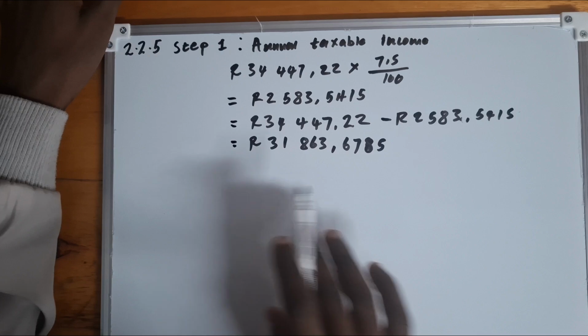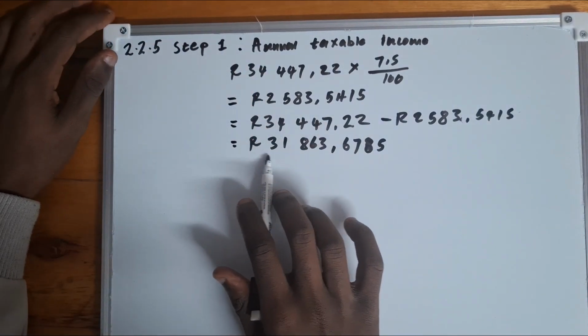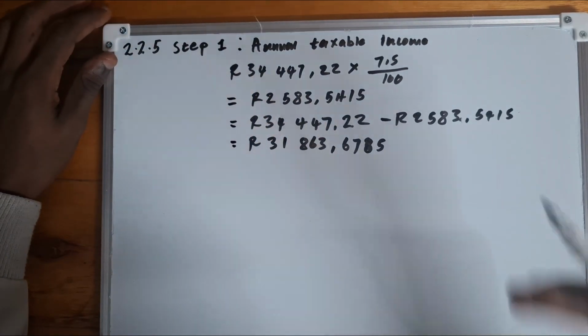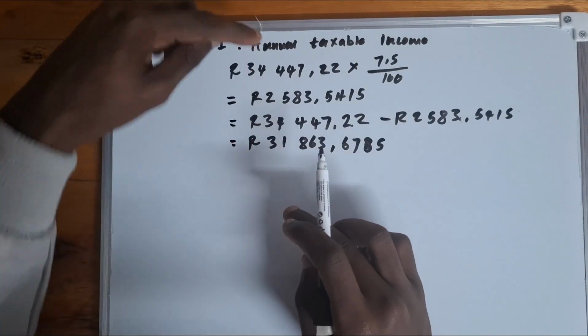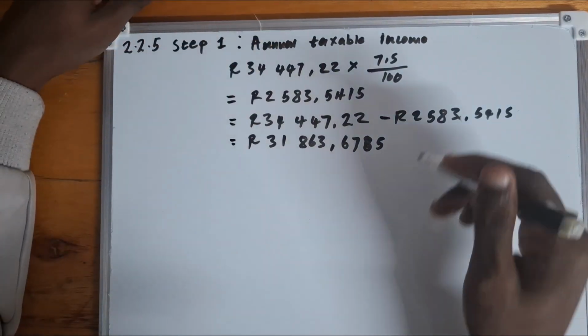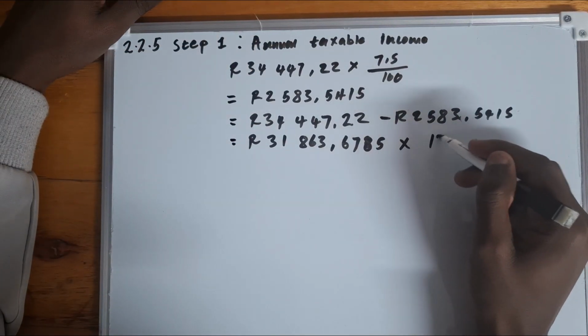So this is our taxable income. This is the amount of money that SARS can charge tax on. So in order to get our annual taxable income, we're going to multiply this with 12 months.